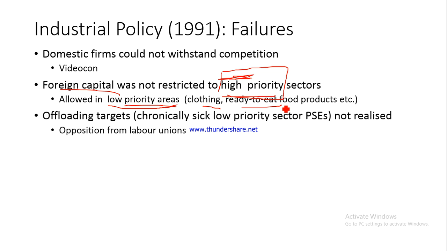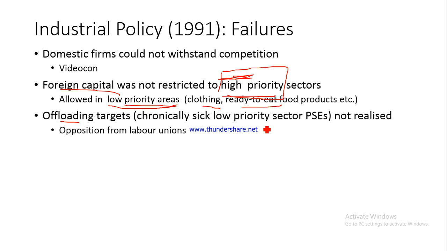Again, as far as the privatization drive was concerned, it was said that the loss-making PSUs would be privatized. However, the targets that were set mostly remained unmet. The offloading, meaning selling off the stake, targets could not be realized. And we have seen how in Industrial Policy 1991, it was said that the low priority PSUs, which are not high priority for the country, would be sold away to private enterprises.